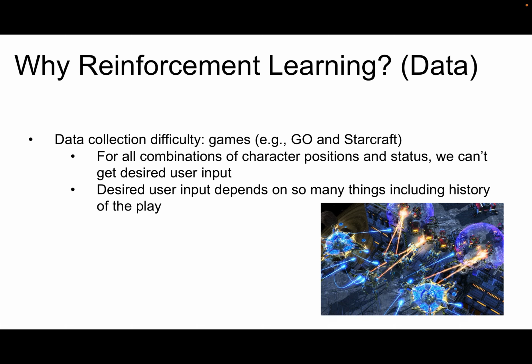Let's take an example of some video games, RTS games like StarCraft, or Go. There can be many combinations of character position and status. You can see from this screenshot that there are many units, right? There can be many possible positions of all units, and many possible combinations of actions for all characters.